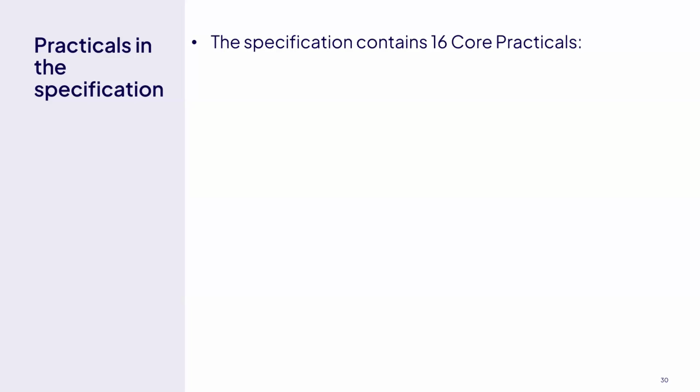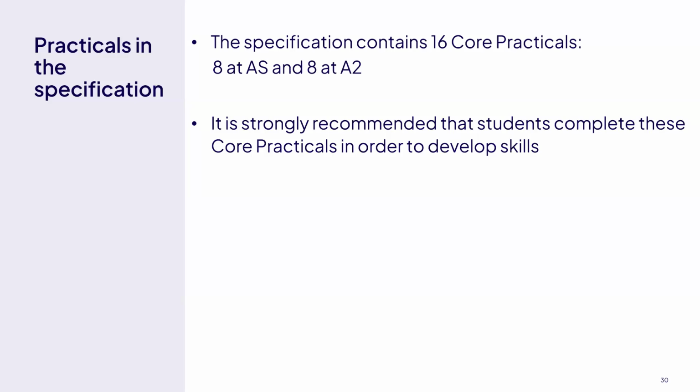So the specification contains 16 core practicals. There are 8 at AS and 8 at A2. And I cannot stress strongly enough that the students complete these core practicals in order to develop the necessary skills that they will need in order to answer the questions in Units 3 and 6.